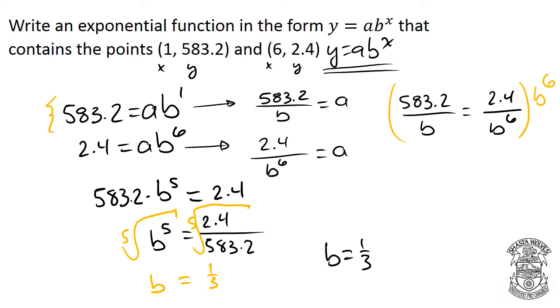So instead of multiplying by 1/3, I need to divide by 1/3 to go back to the 0 value. Or said another way, I can multiply by 3 to go backwards.